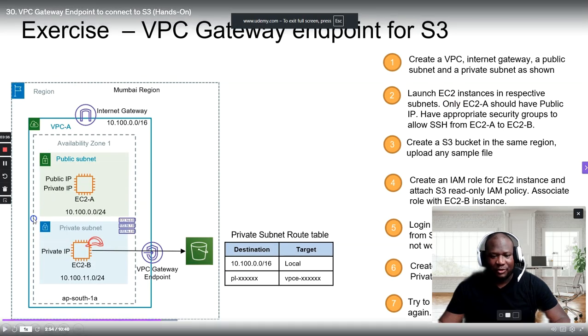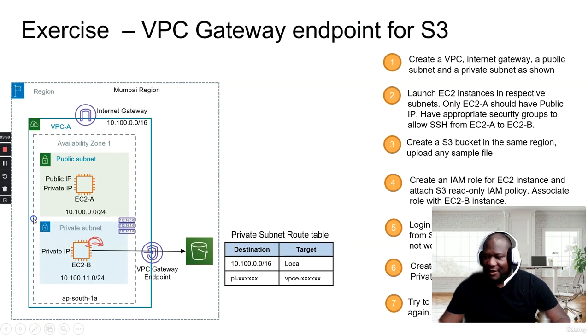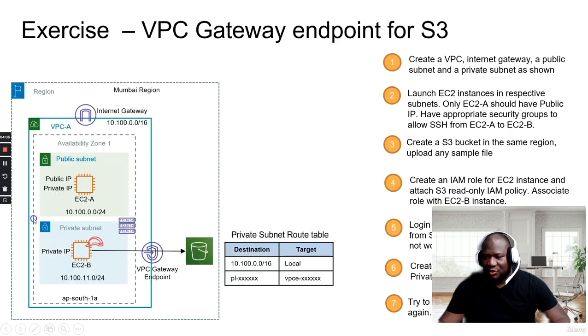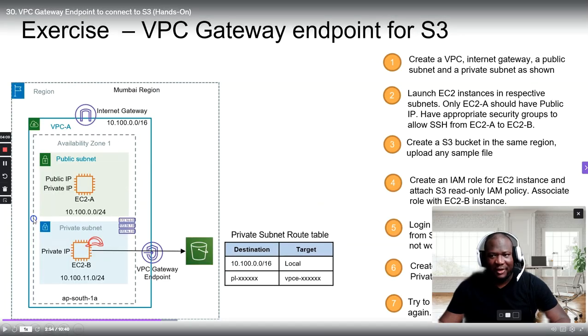When we finish with everything and we create the VPC gateway endpoint, automatically AWS will give you this route over here. This PL is the prefix list, which is given. So we're going to see everything live in action.